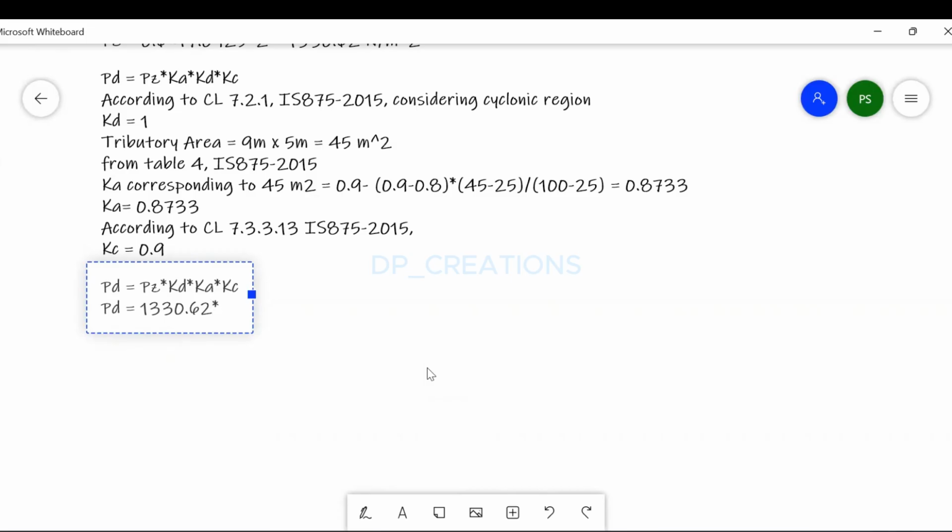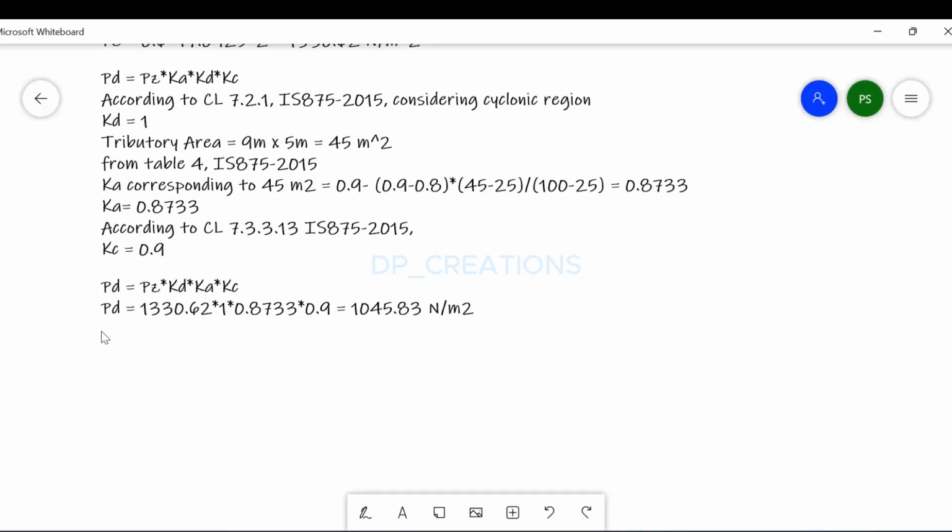Into Kd, how much is it? 1. Into Ka, 0.8733, into Kc is 0.9. So finally, how much are you getting for Pd? 1045.83 Newton per meter square.